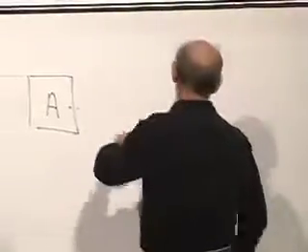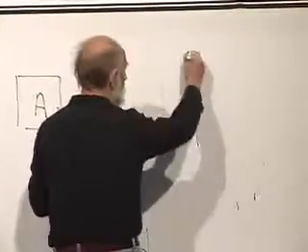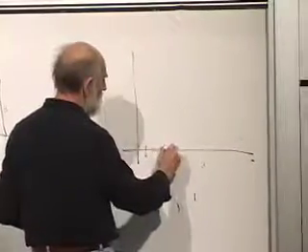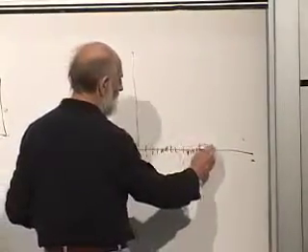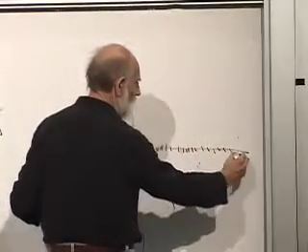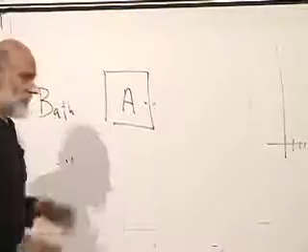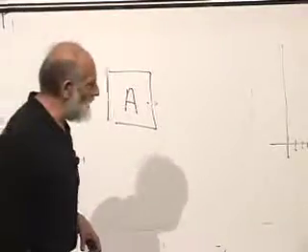In other words, the various configurations of A, let's plot them. Here are the various states, the energy states of A, values of the energy. This is energy now. They may be discrete, they may be continuous, not important for us at the moment.